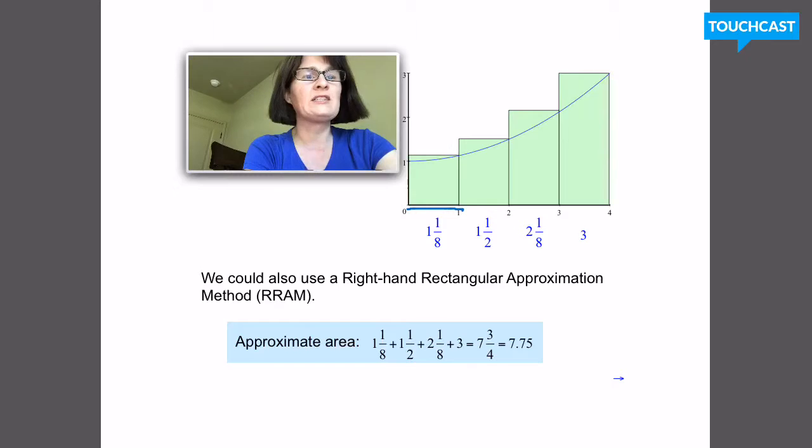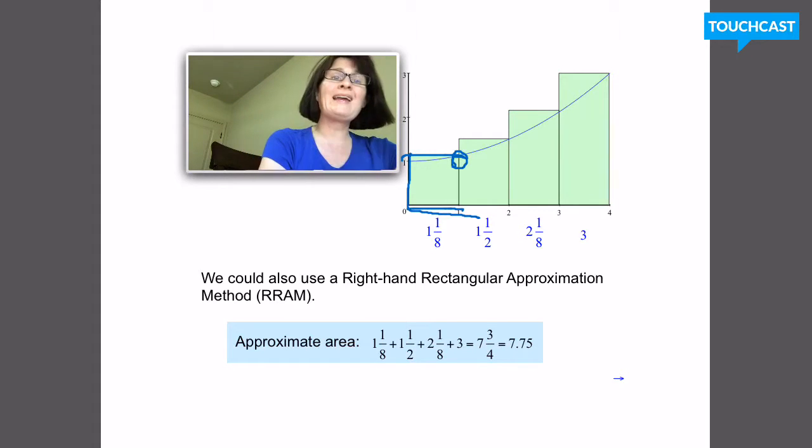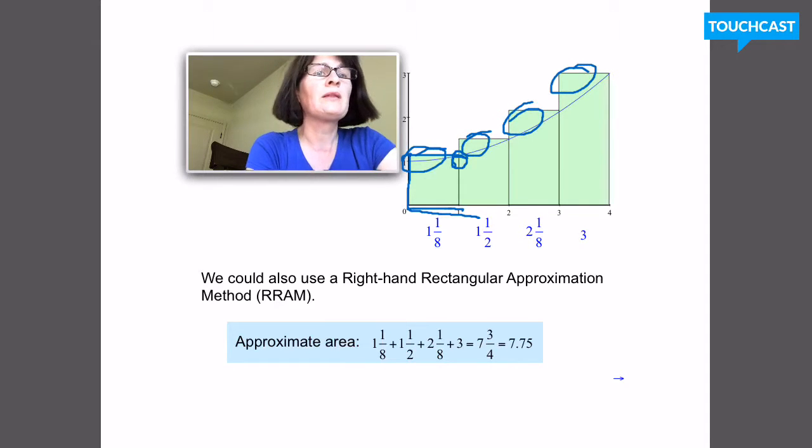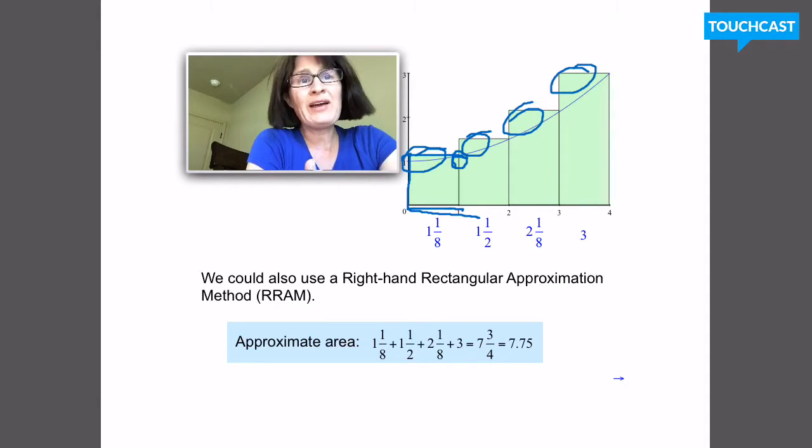If I plug 1 into my velocity function, I get 1 and 1/8 as the height, which is how I chose this height for that rectangle. I can do the same thing for the others, using the right-hand end of the interval as the t value to get the height. You can see here, each one of these rectangles overestimates the actual area a little bit. Here, I would have an overestimate.